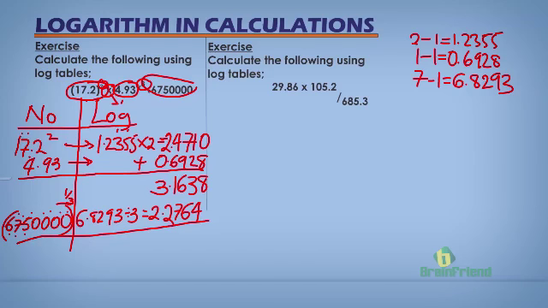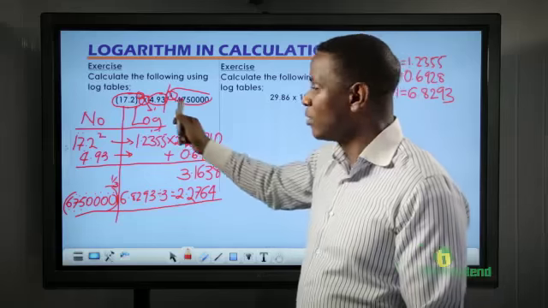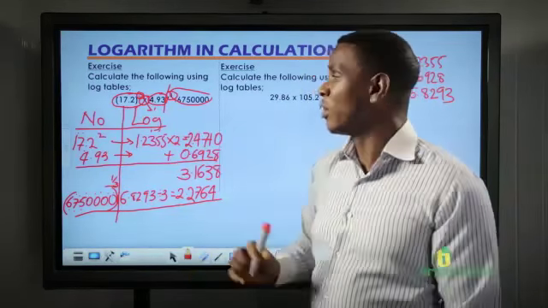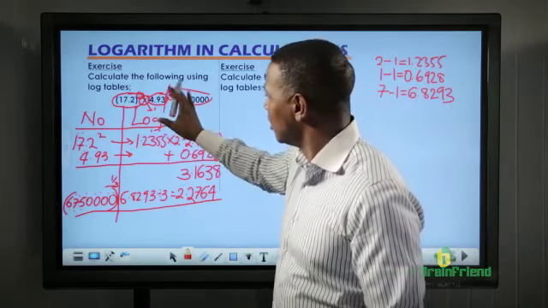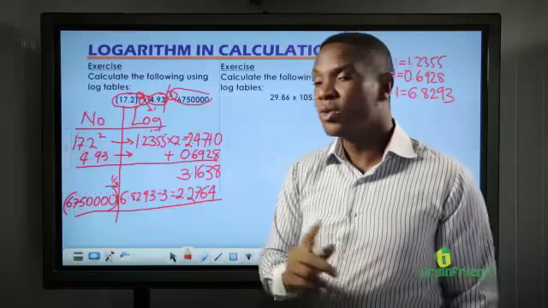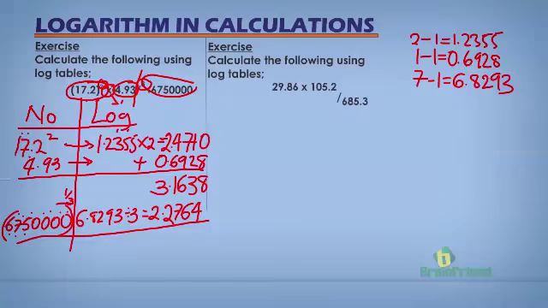If we look closely at our question here, we have our numerator part divided by our denominator. Under the laws of indices, which we call the quotient law in particular, the numerator would subtract our denominator to get a certain value. It means, therefore, that we will subtract 2.2764 from 3.1638.